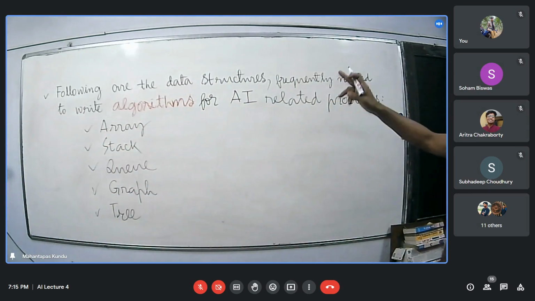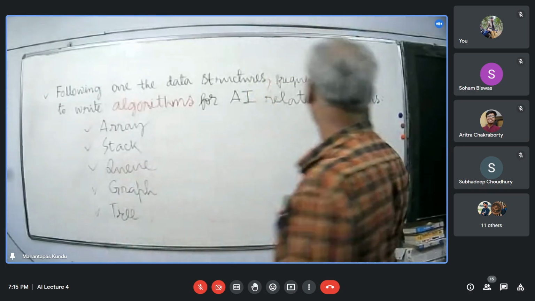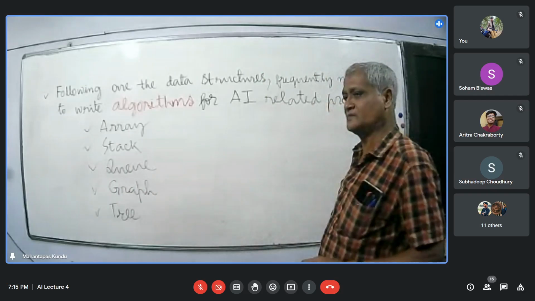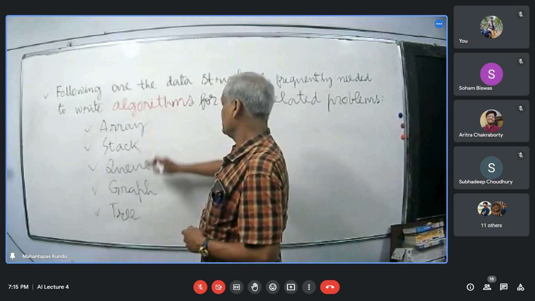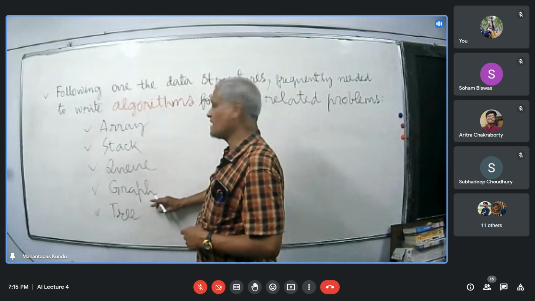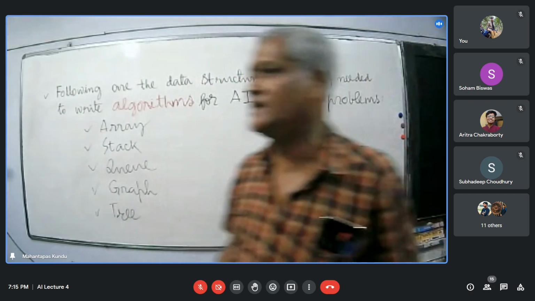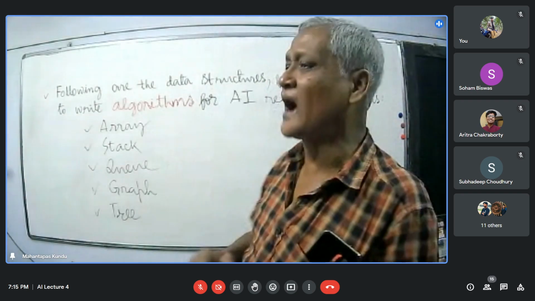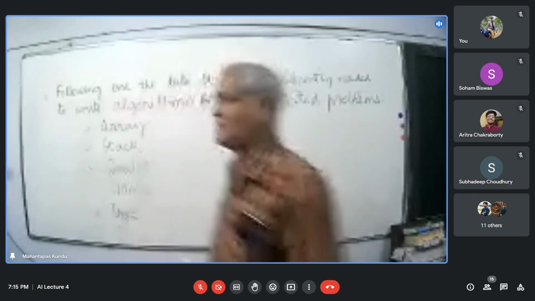So these are the data structures frequently needed to write algorithms for AI related problems: array, stack, queue, graph, tree. Since you are coming here from various disciplines, I need to first explain these data structures.